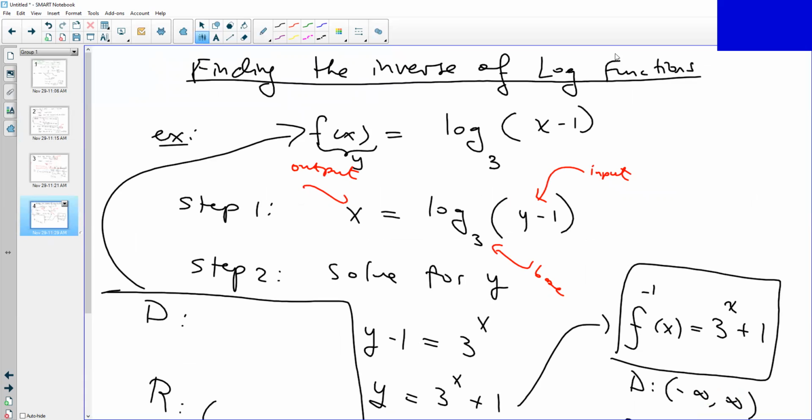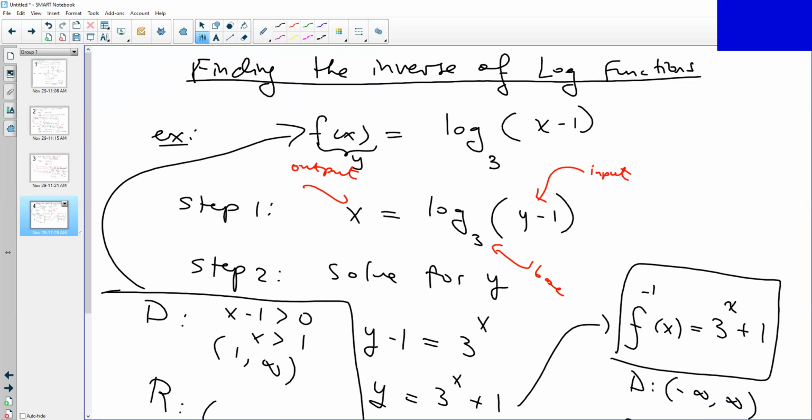So the input should be bigger than 0. And what's the input here? What is the input of this function? x minus 1. So x minus 1 must be bigger than 0, which if you solve this, is x bigger than 1, right? And that is 1 to infinity.